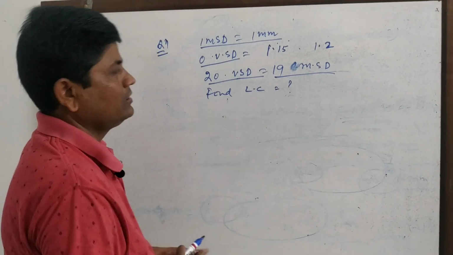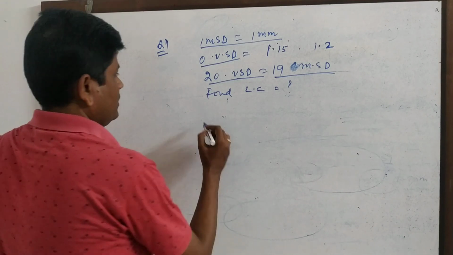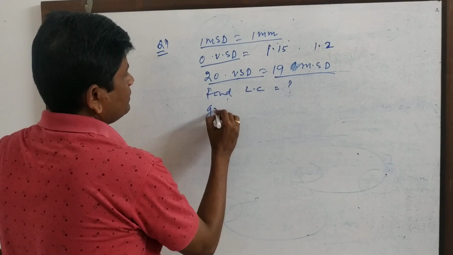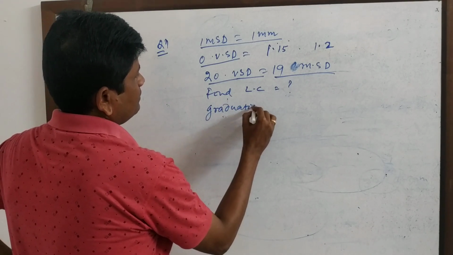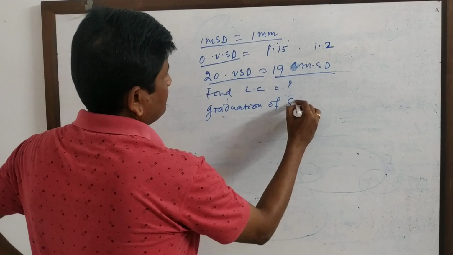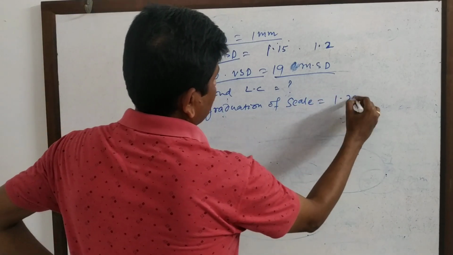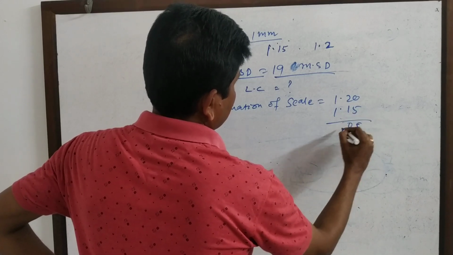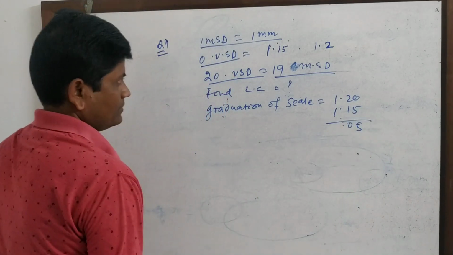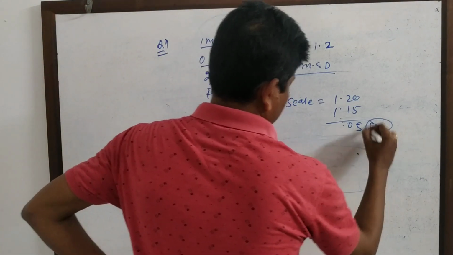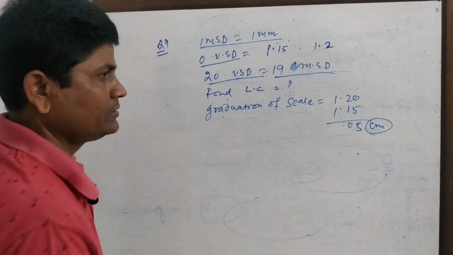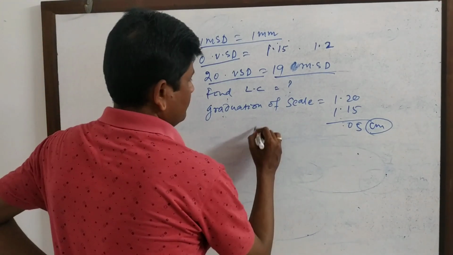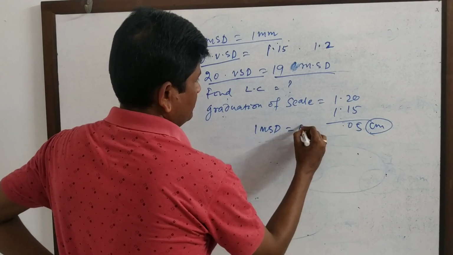Find LC. Here we have to calculate the graduation of the scale. Graduation of the scale is equal to 1.20 minus 1.15. Graduation is 0.05 cm. Got it? That is 1 MSD is equal to 0.05.